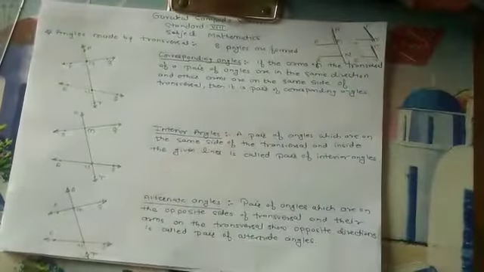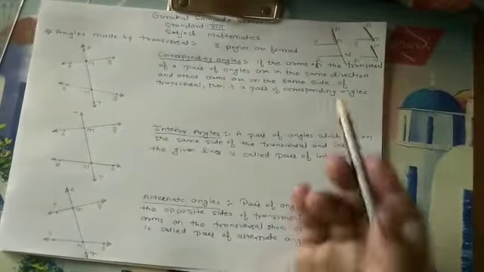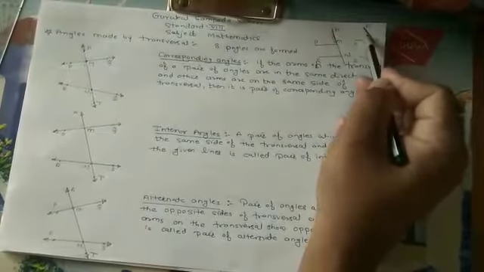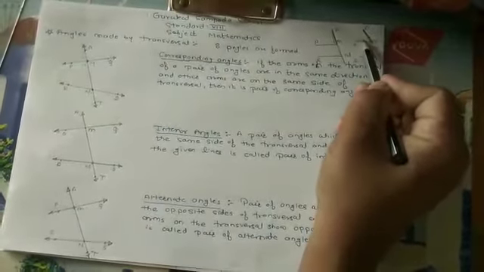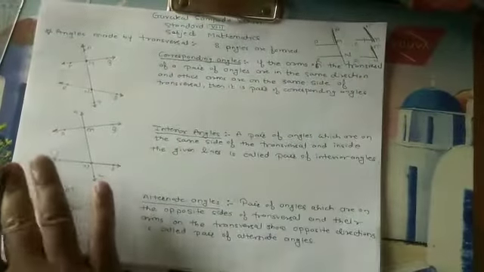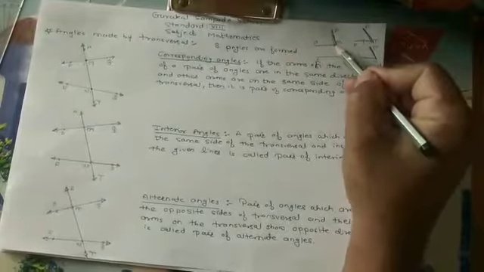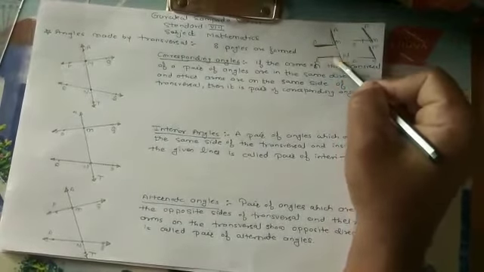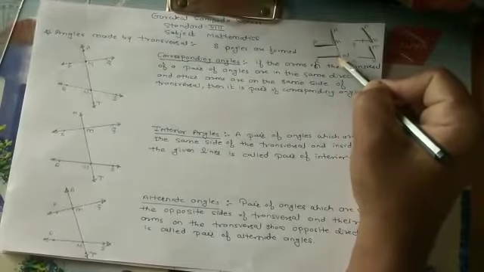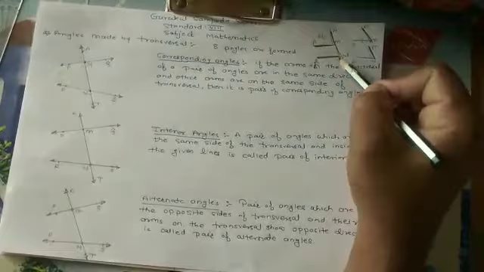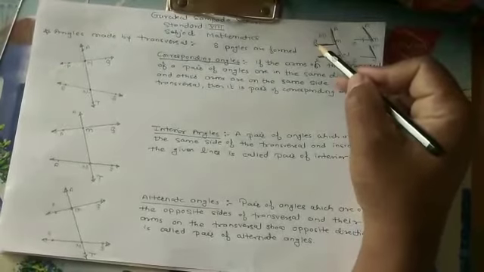The second concept is that the other arms, apart from the first arms which are on the transversal, are on the same side of the transversal. The second arm of the first angle is this one, and the second arm of the second angle is this one. They lie on the left side of the transversal, which means they are on the same side.